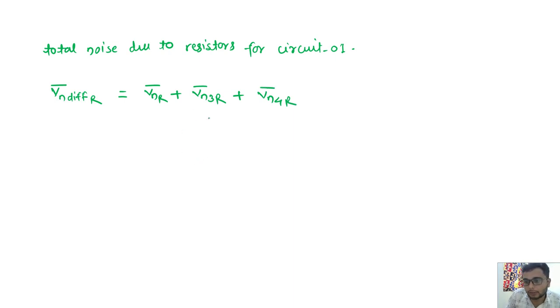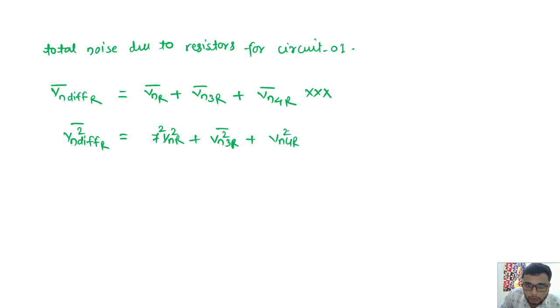So we know that we cannot add like this. So we will see Vn diff mean square is, for the first resistor, 7 square VNR square, plus Vn of 3R square, plus Vn of 4R square.